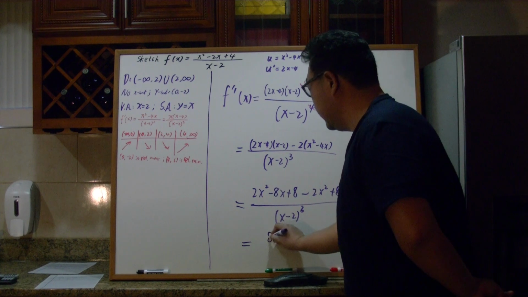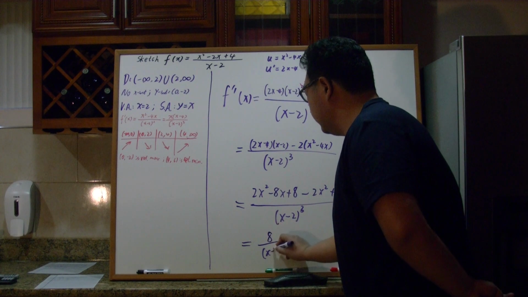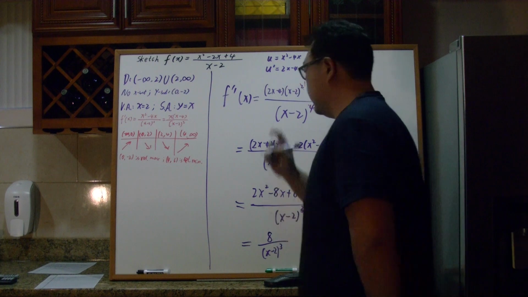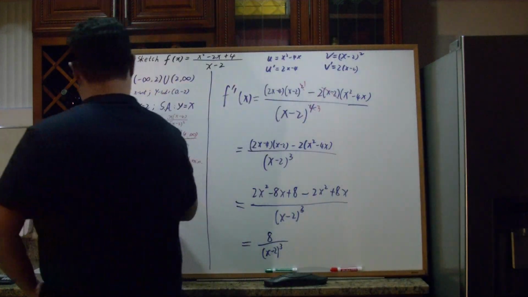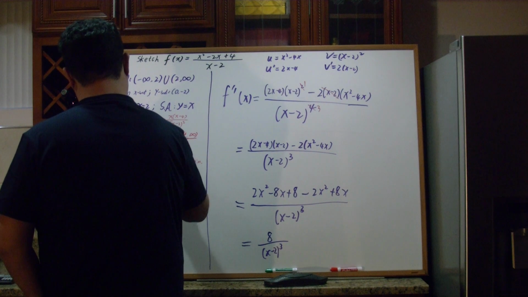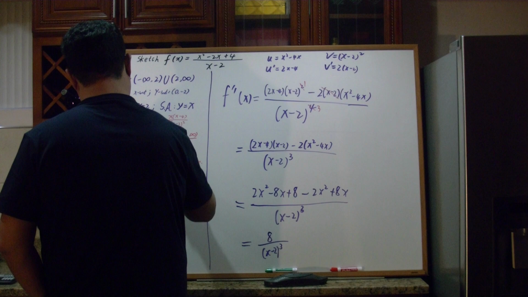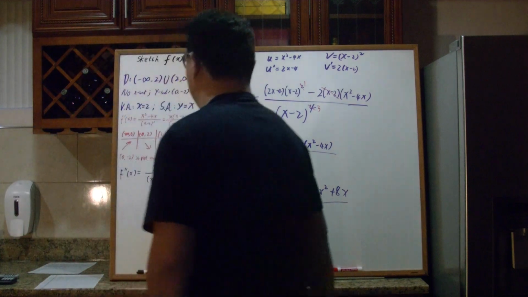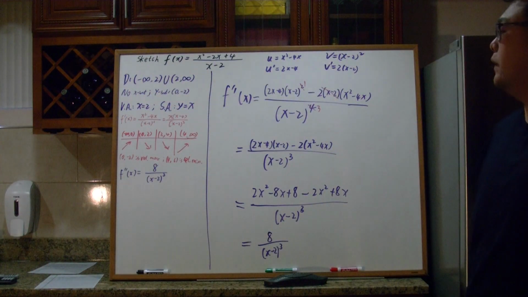By that finally we get 8 over x minus 2 to the third. F double prime, that's 8 over x minus 2 to the third.